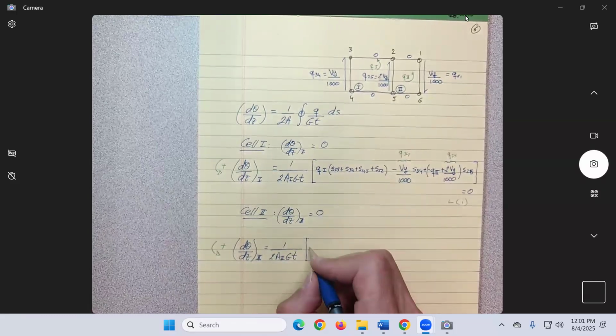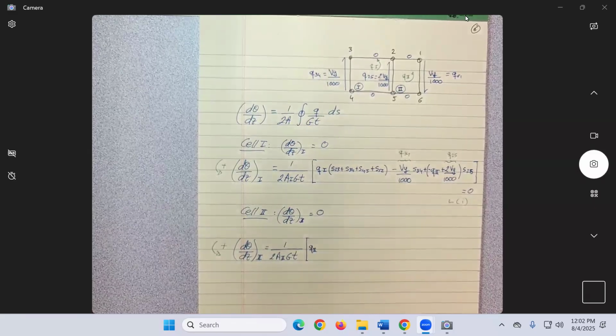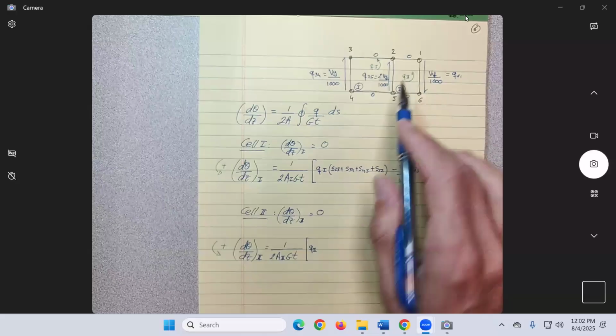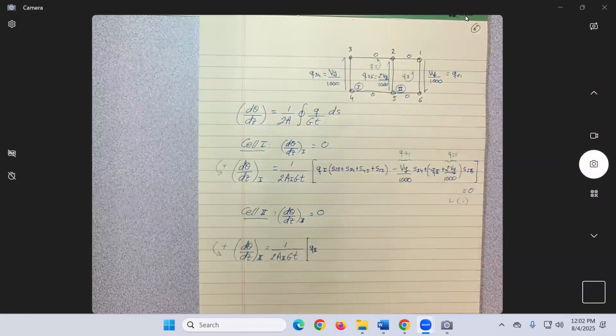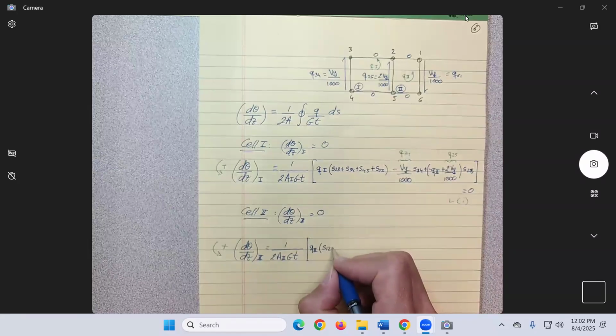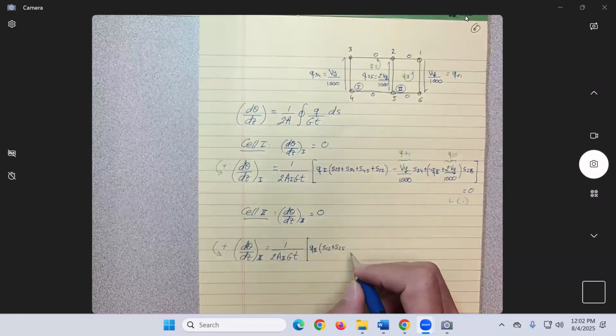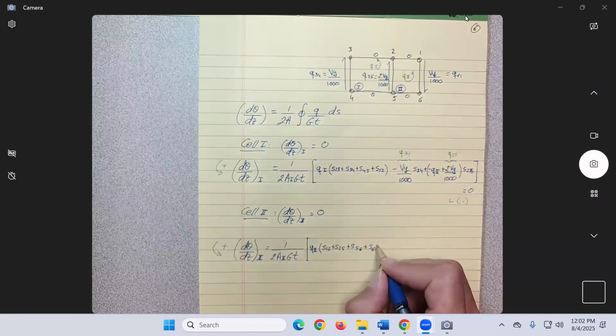So let's try to follow the same structure as we did with the other one before. So we first look at what the Q2 is going to do. It's going to go along all the members. So Q2 is going to go through, let's say, S12 plus S25 plus S56 plus S61.